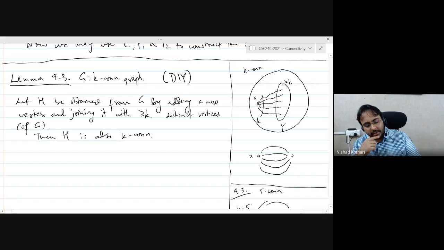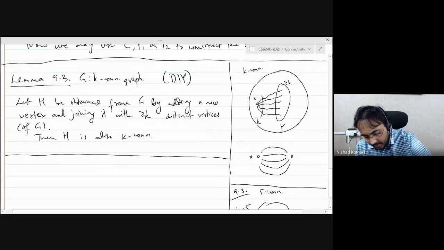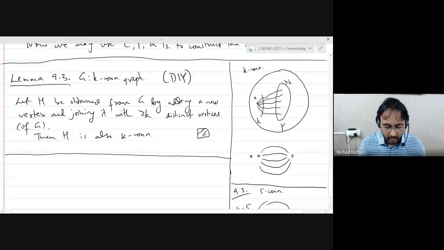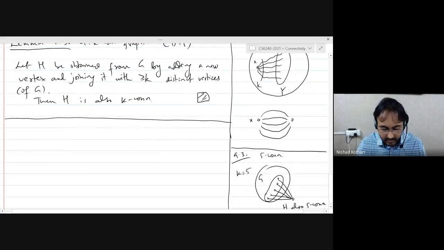I would suggest using the alternative definition, which is that either it is a complete graph or otherwise there is no set of k minus 1 vertices that form a vertex cut of the graph. That is what it means to be k connected. Any vertex cut should have at least k vertices. So if you use this viewpoint, then you can easily prove this lemma. I'm just going to say proved, and you can do it. And if you face difficulties, just start a discussion on Piazza.